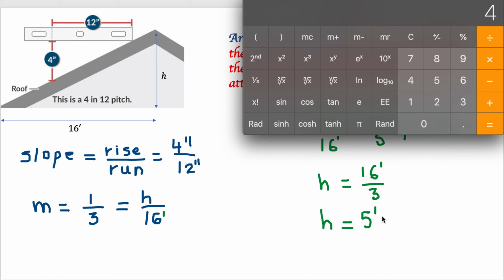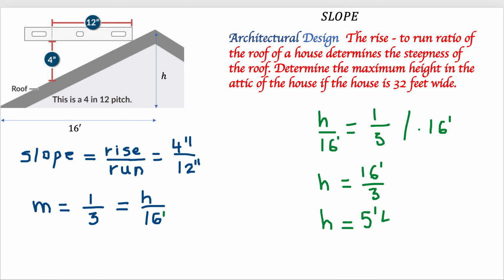We get 4 inches. So it's 5 feet and 4 inches. So the height is 5 feet and 4 inches. So we have found out the maximum height of the roof.